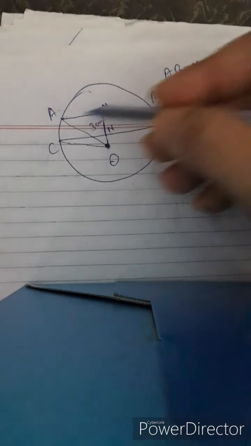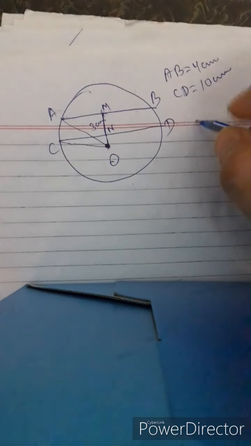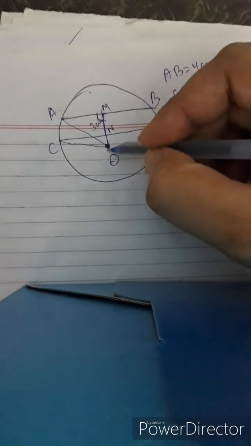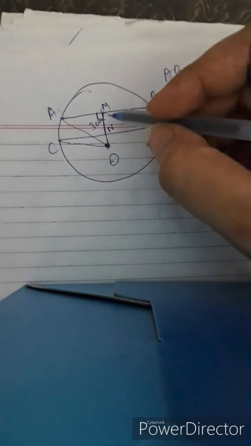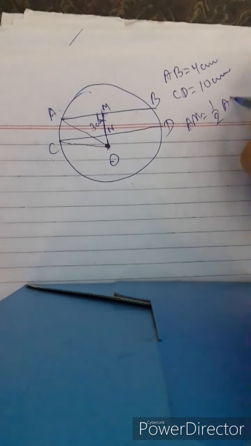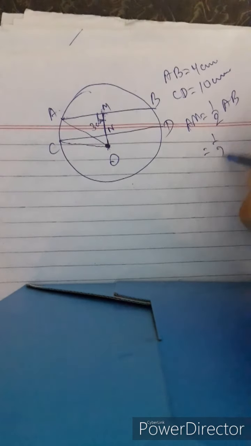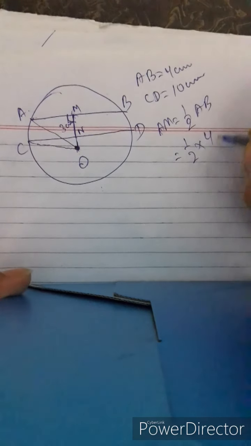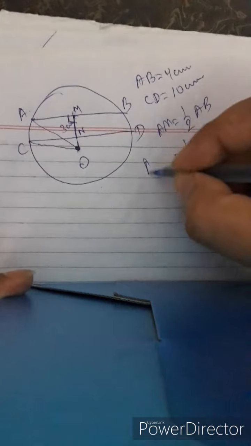So OM is the perpendicular bisector of AB. As a result, angle OMA becomes 90 degree, and AM is half of AB, half of 4, that is 2 centimeter AM.